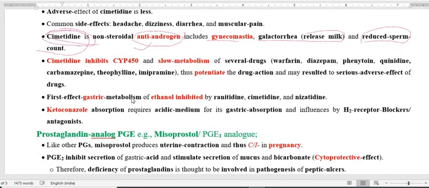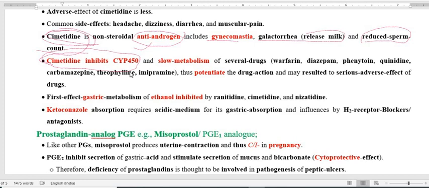Another action of cimetidine is that it is also a cytochrome P450 inhibitor, the enzyme participating in metabolism. So cimetidine inhibits the metabolizing enzyme present in the liver, cytochrome P450.